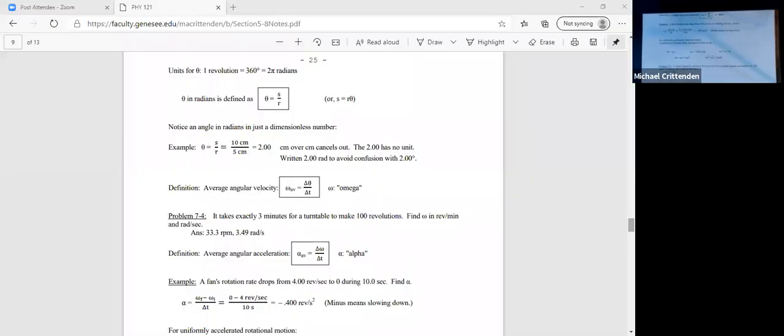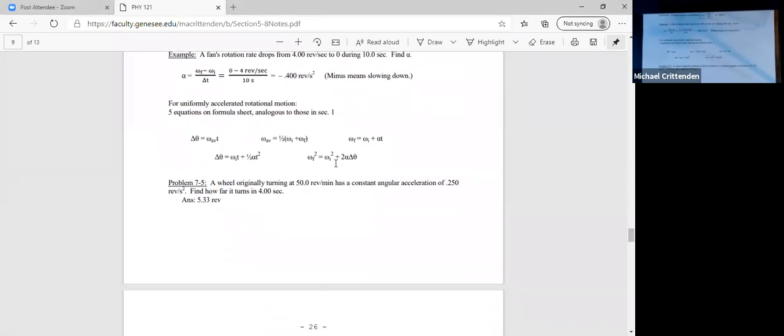This time having my hand there seems to be messing it up. Okay, back to this. 5 equations to describe uniformly accelerated rotational motion.